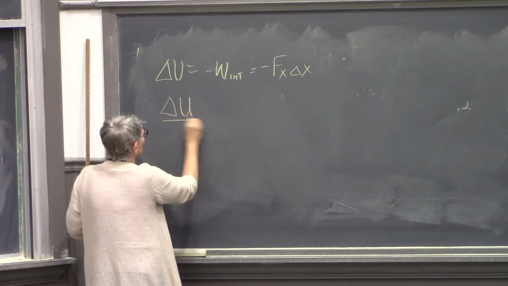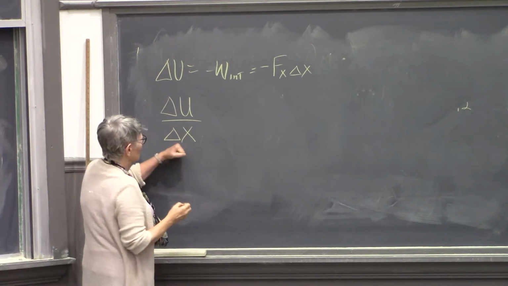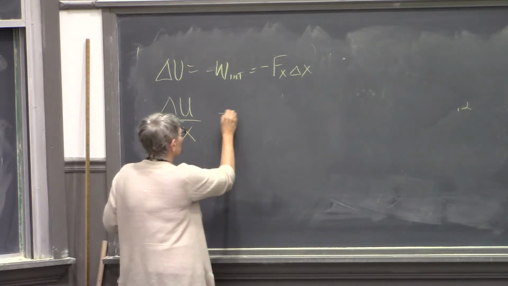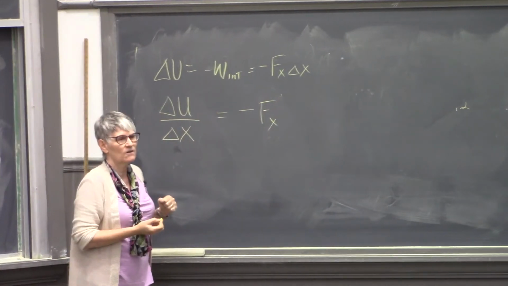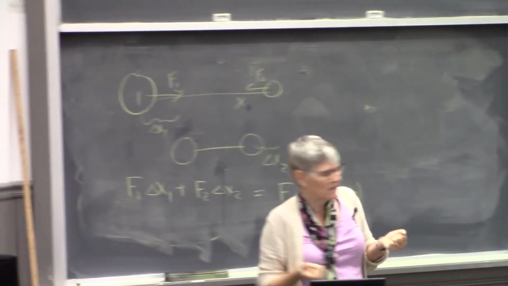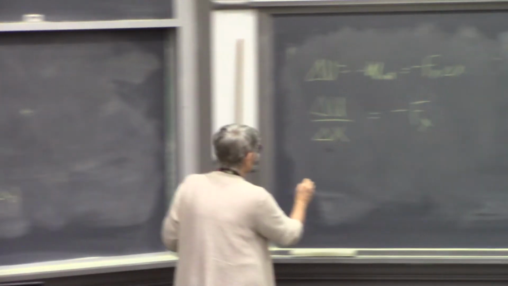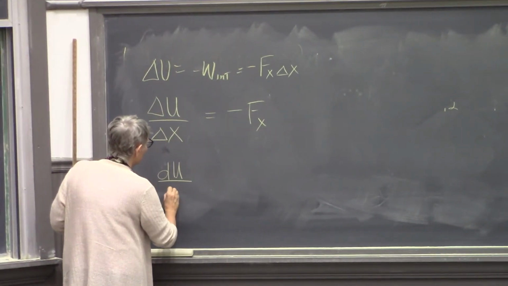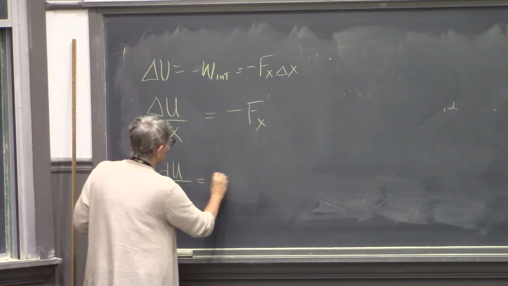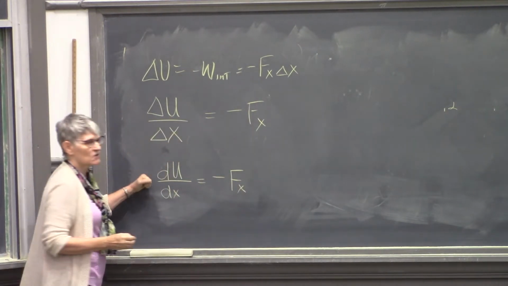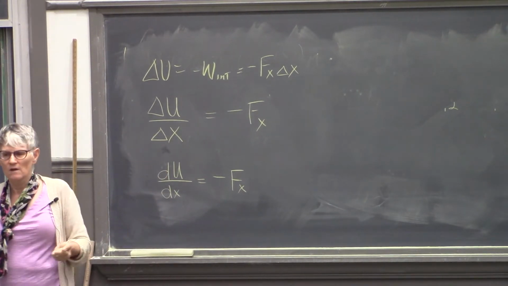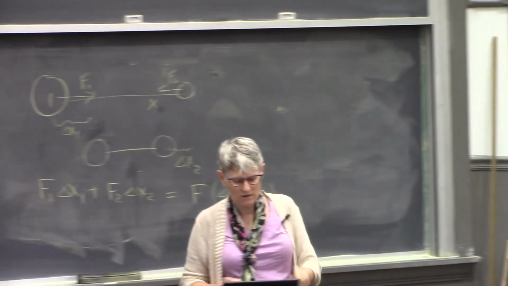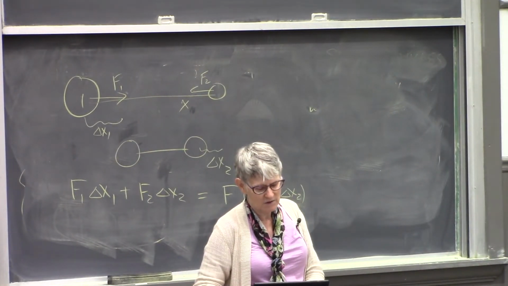So we can say the change in potential energy with respect to x is equal to minus the x component of the force acting on the system. And if we take this in instantaneous form, the rate of change of potential energy with respect to x is minus Fx. This derivative with respect to position is called a gradient. So the negative of the force is the gradient of the potential energy.